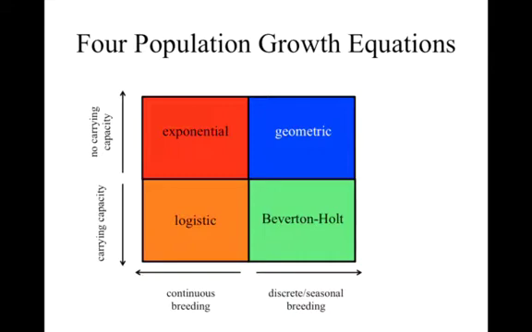If you have a system where there is a carrying capacity and continuous breeding, you are in warm colors and not primary colors, so that's logistic. And if you have a system where there's discrete breeding and a carrying capacity, that's your last option, Beverton-Holt. So that's how you decide which equation to use. And again, you have to memorize the equations for exponential and geometric growth, but on the exam, I will give you the equations for logistic and Beverton-Holt.